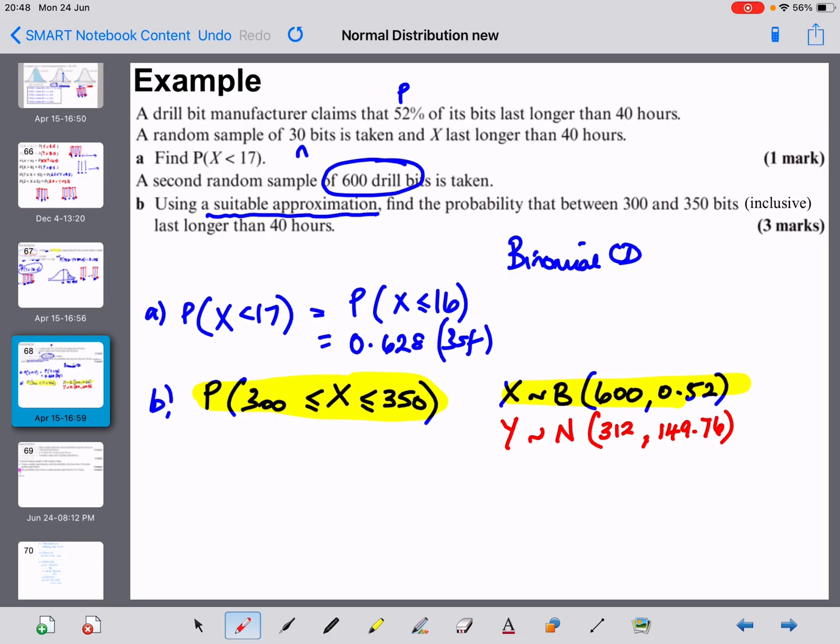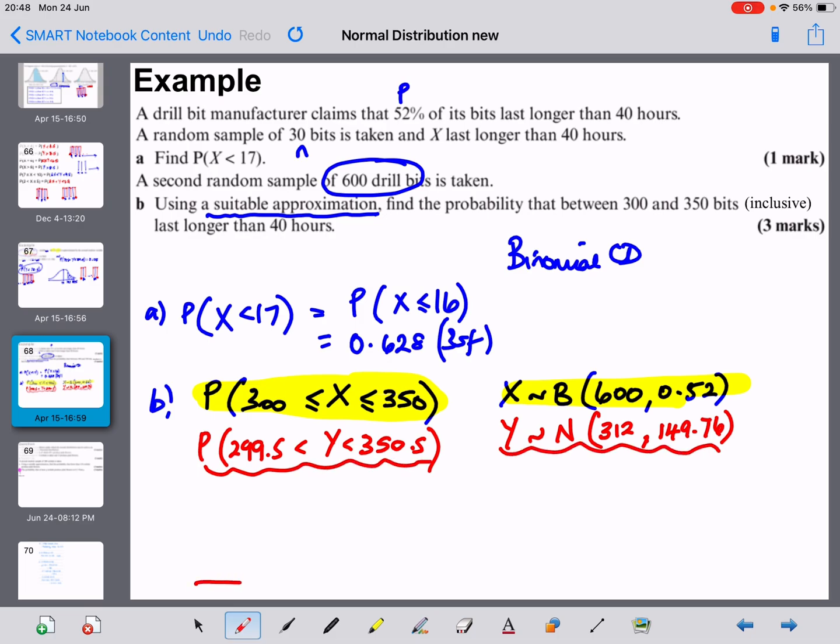Okay, and then the second thing I need to do is my continuity correction. So if I'm including 300 and 350 and those sticks then expand, 300 is going to go down to 299.5 and 350 is going to go up to 350.5. Okay, so I've now got my continuity correction and my normal parameters.